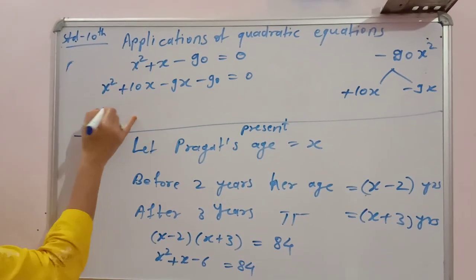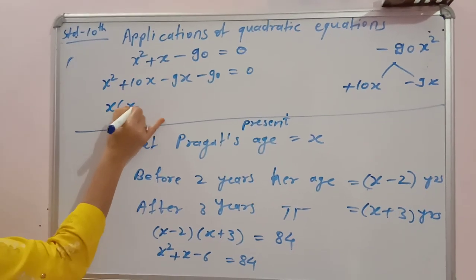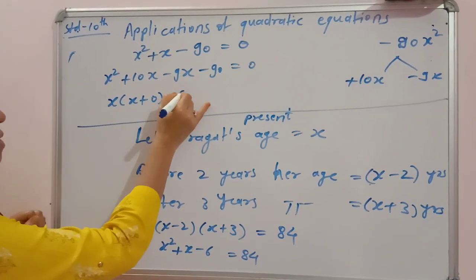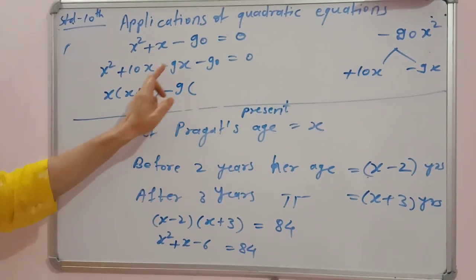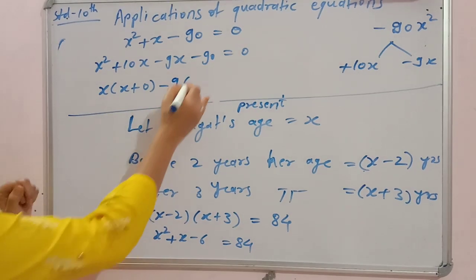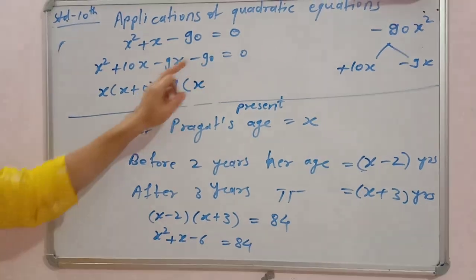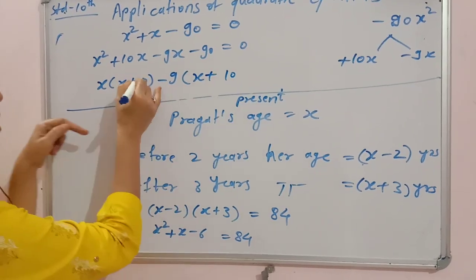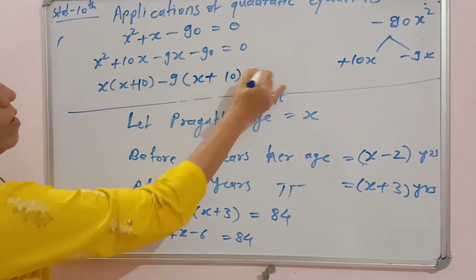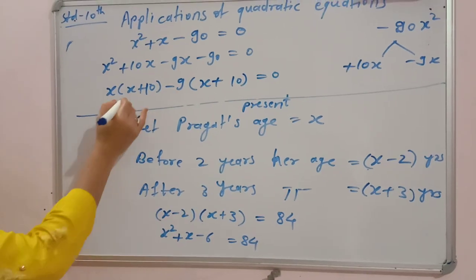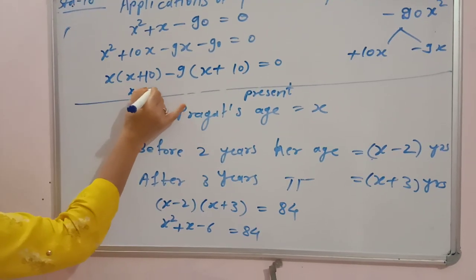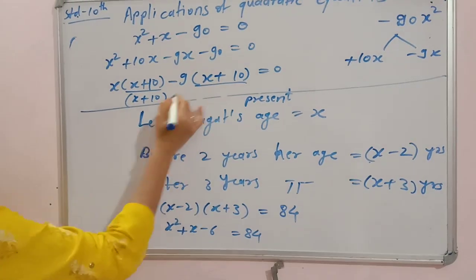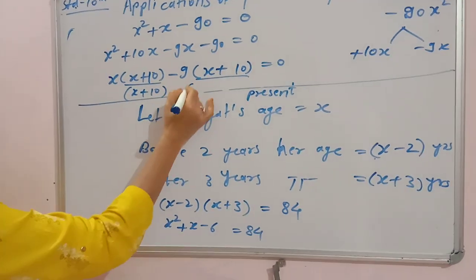Now take x common here, x plus 10, minus 9 will be common here, and what will be in the bracket? The minus sign is outside, that is x. From 90 I have taken 9, and in the bracket that is plus 10 equal to 0. So x plus 10 is common, minus 9 into (x plus 10).